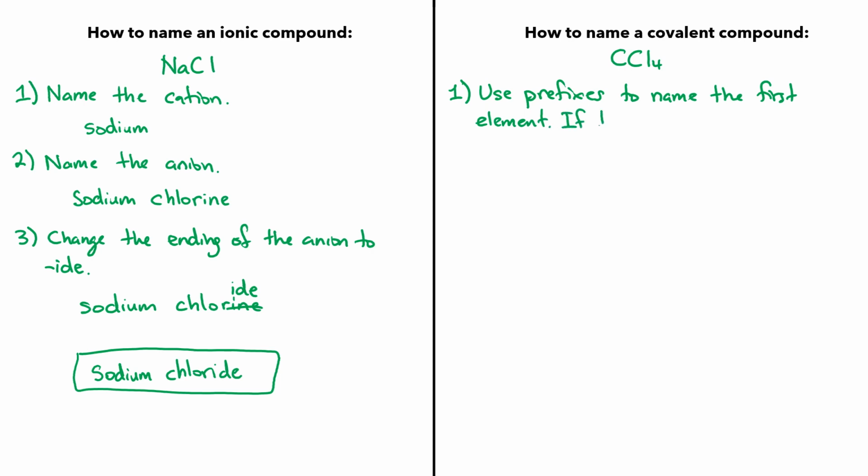If there is only one, do not use the prefix mono. Since there is only one C, I'm simply going to name it carbon and not monocarbon.